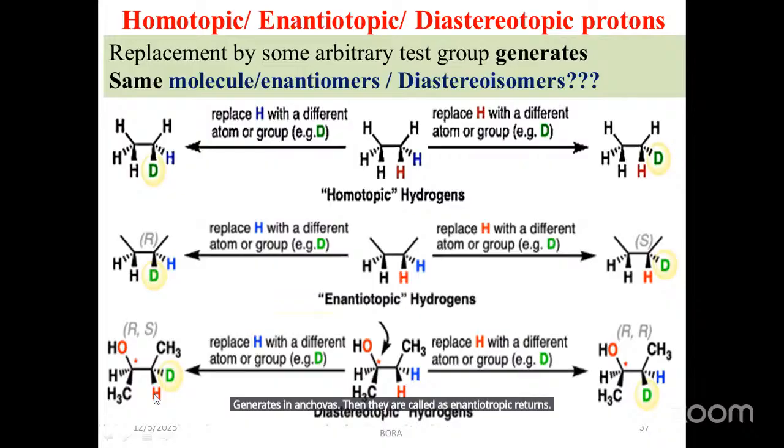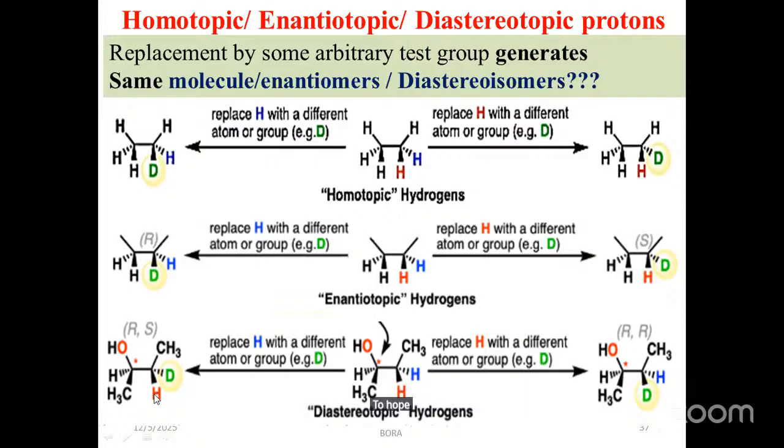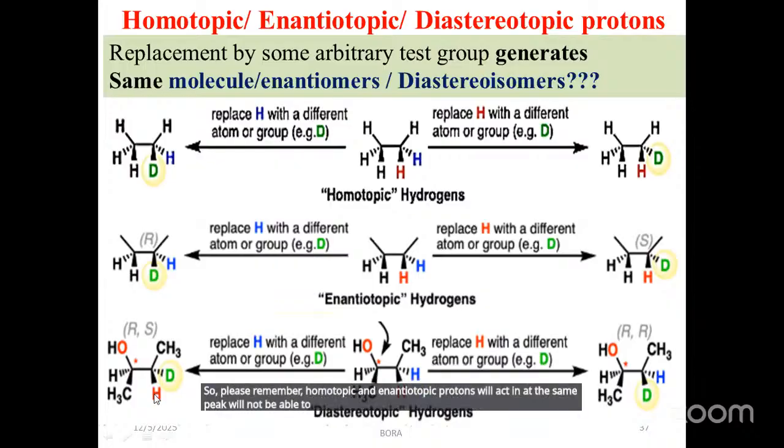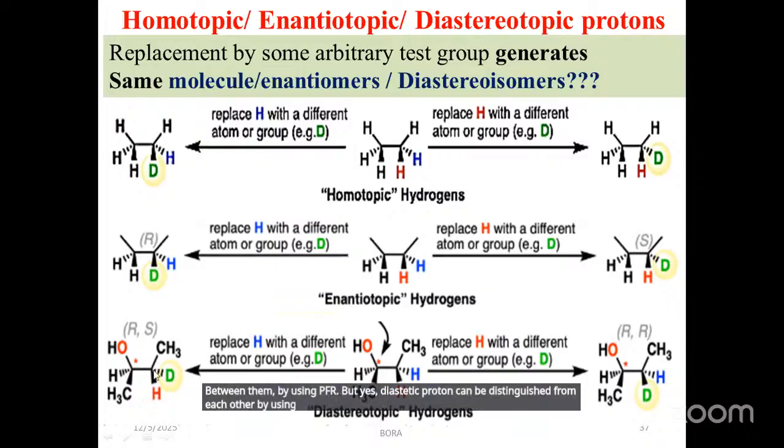And if they are in a non-chiral environment and replacement produces the same compound, then they will be called homotopic protons. So hope you understand what is homotopic, what is enantiotopic, and what is diastereotopic. Please remember, homotopic and enantiotopic protons will appear at the same peak. We will not be able to distinguish between them by using PMR. But yes, diastereotopic protons can be distinguished from each other by using PMR spectroscopy.